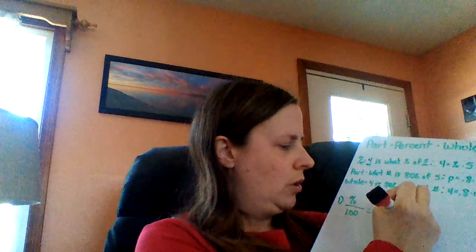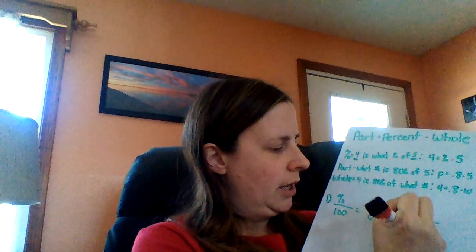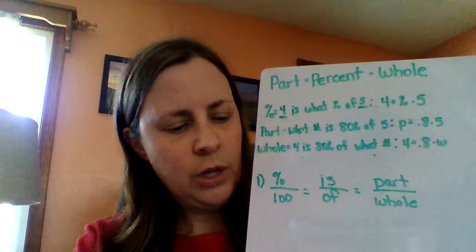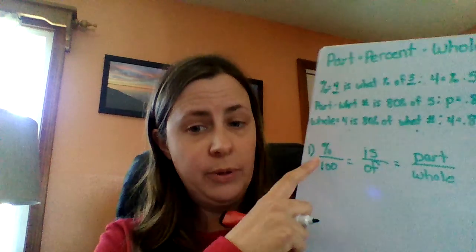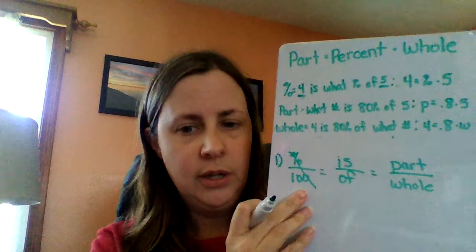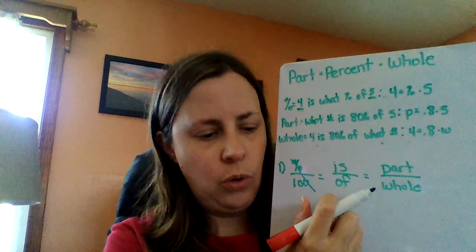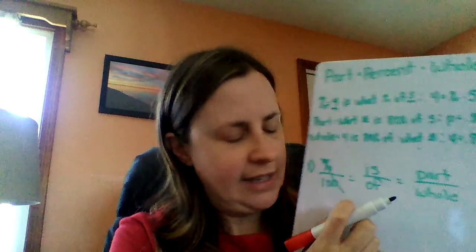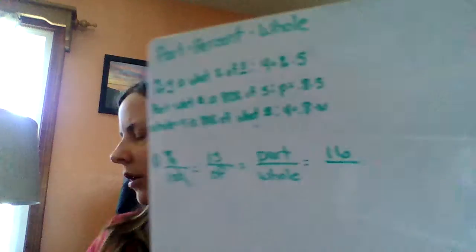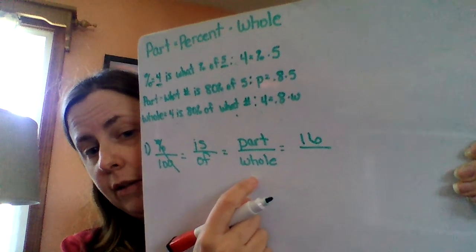I also know that part goes on top and whole goes on the bottom. So for number 1, I know the percent, because it says 53 out of 100. So I'm either finding the part or the whole. And it says is 16, so that goes on top. So I'm finding the what?